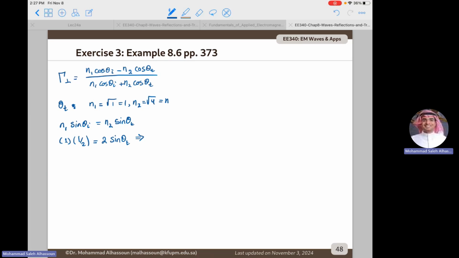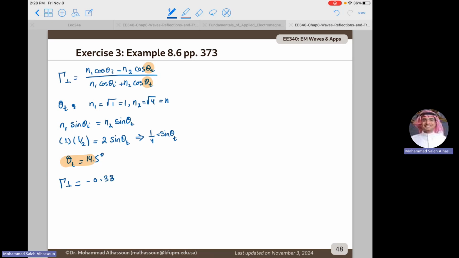This gives us 1/4 equals sine theta t. And in this case, theta t is simply 14.5 degrees. If we take the value of theta t, plug it into this formula, we will end up with a reflection coefficient that's equal to minus 0.38.